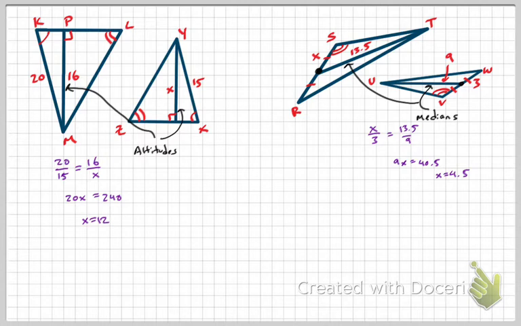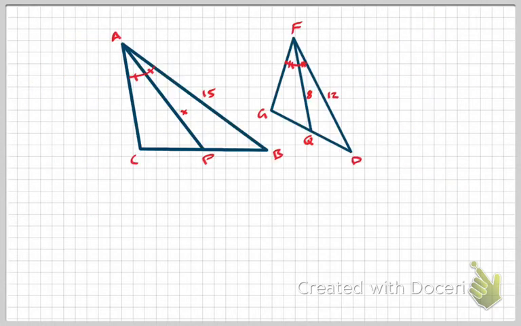Notice that once we get it set up, it's the same thing we've been doing: cross-multiplying and solving for our unknown. Finally, we come to an angle bisector. We know they're angle bisectors because the angles are cut in half.